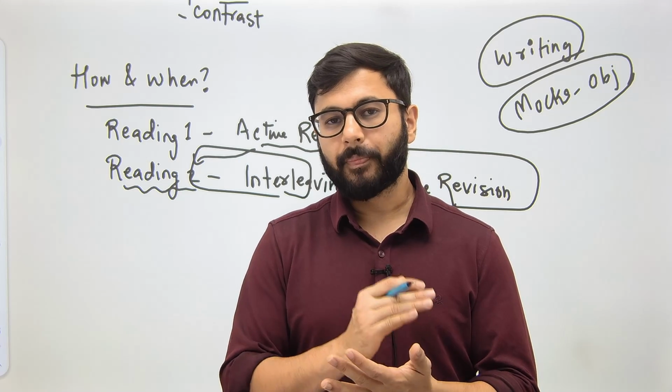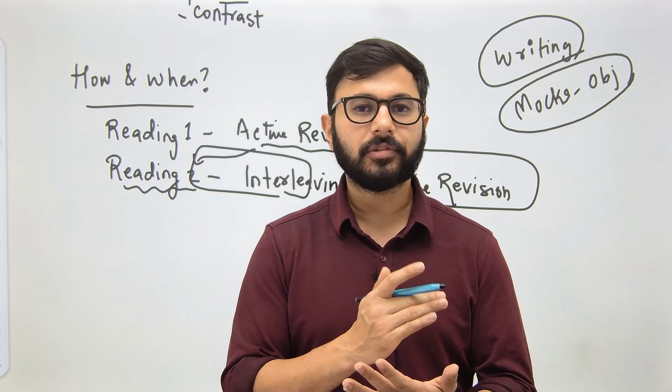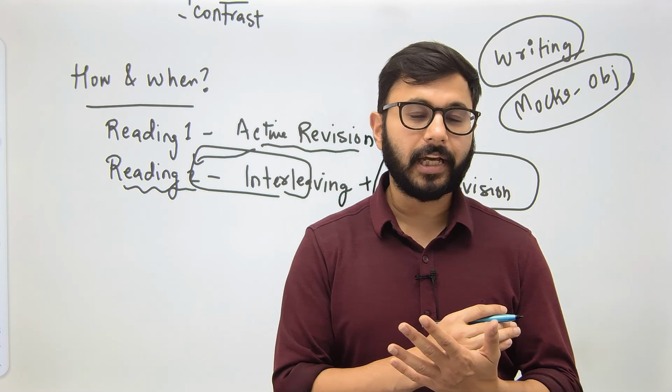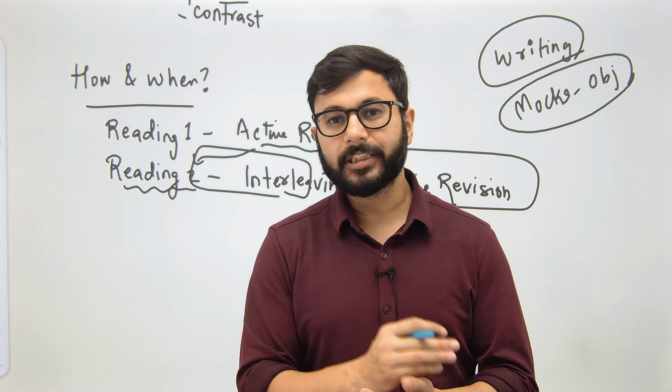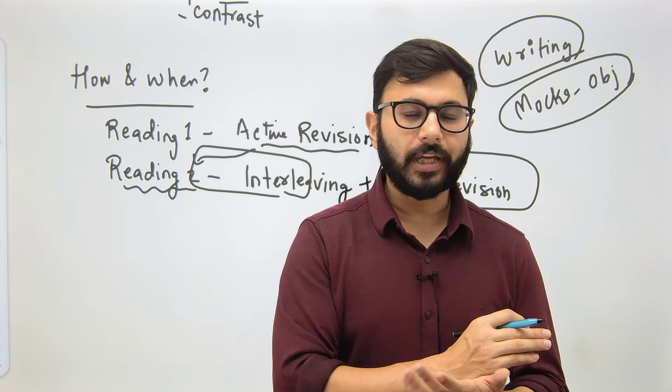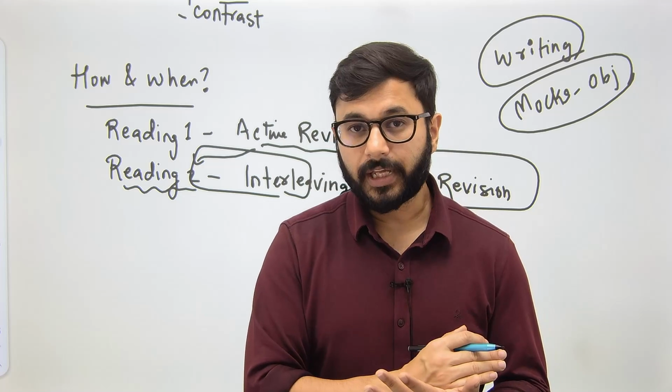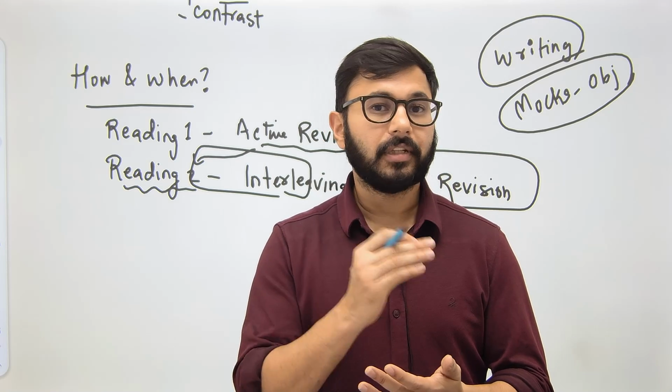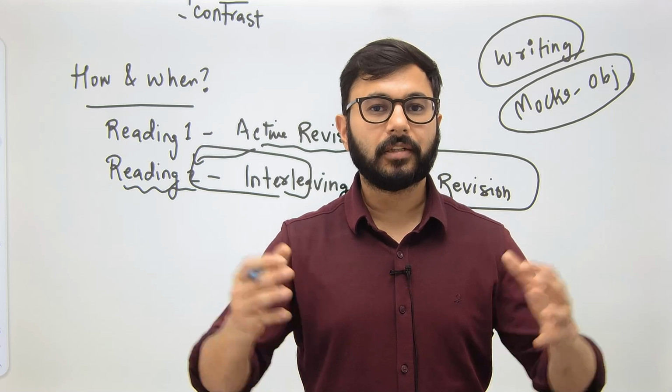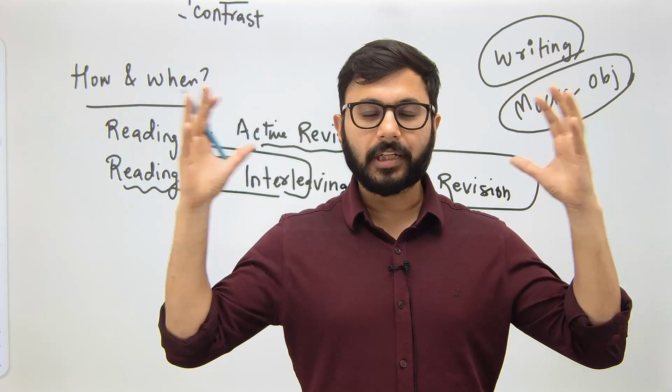Step 1, reading for the first time, active revision. Step 2, reading for the second time, compare and contrast different topics using interleaving, keep doing active revision. Step 3, writing descriptive answers, especially so that the entire scope of the chapter is now in your mind.